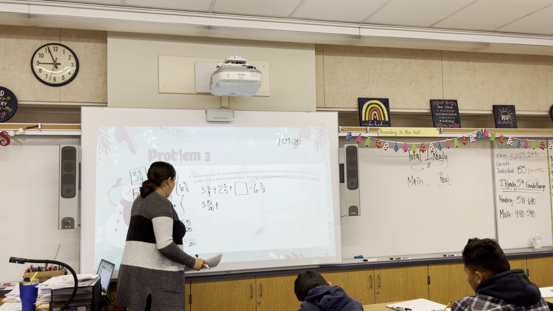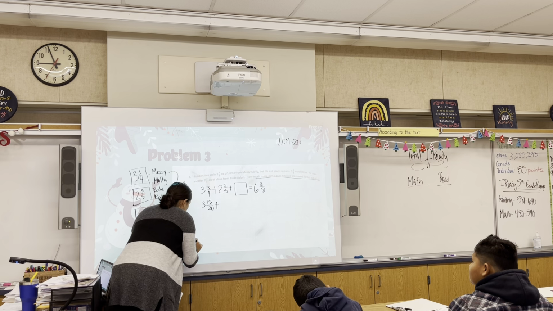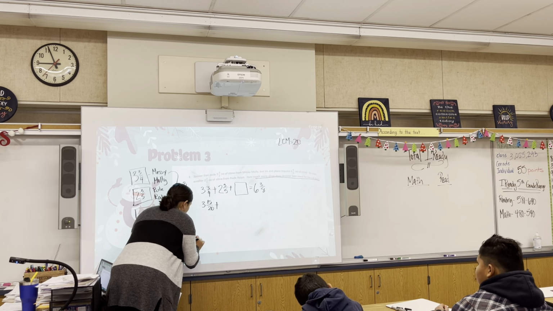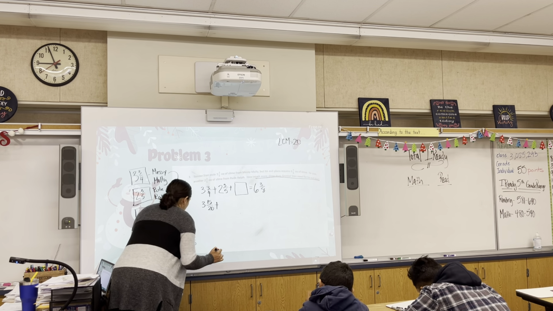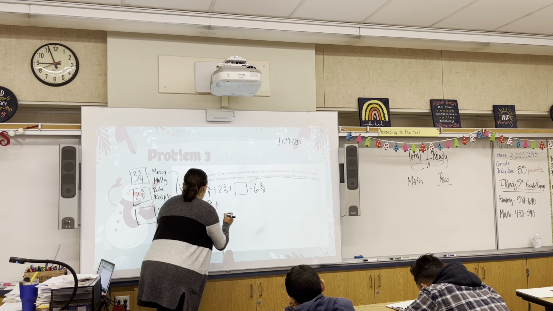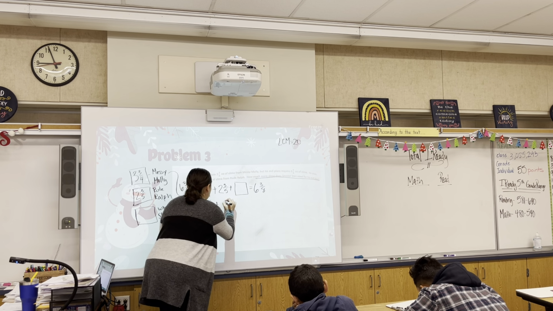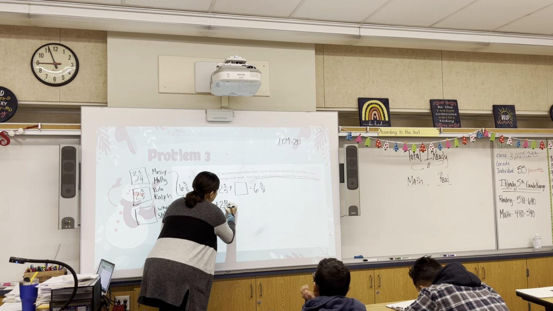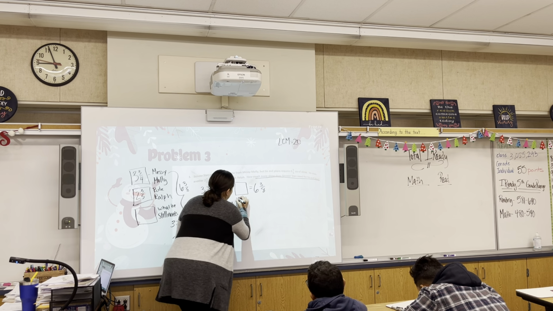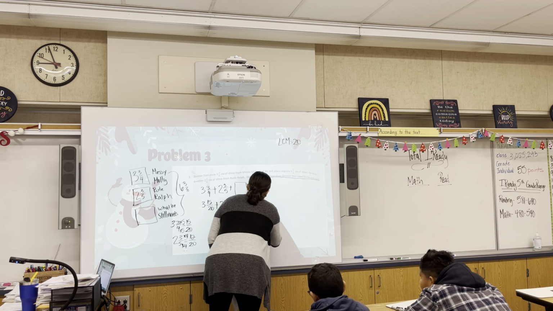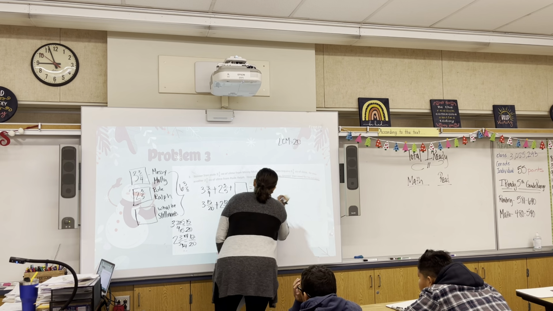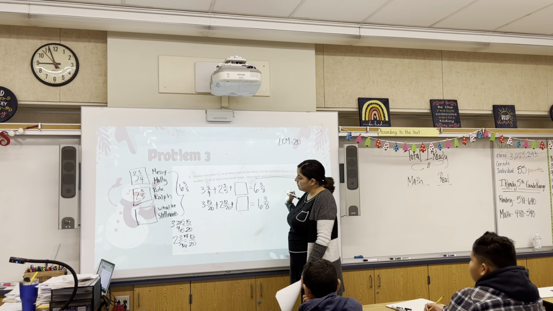20. 5 times 4. Whatever I do to the denominator, I'm doing to the numerator. That's what? 3 times 4 is? 12. 12/20. Good. So then that's 2 and 12/20 plus the amount that he still needs is equal to 6 and 3/8. Yes?